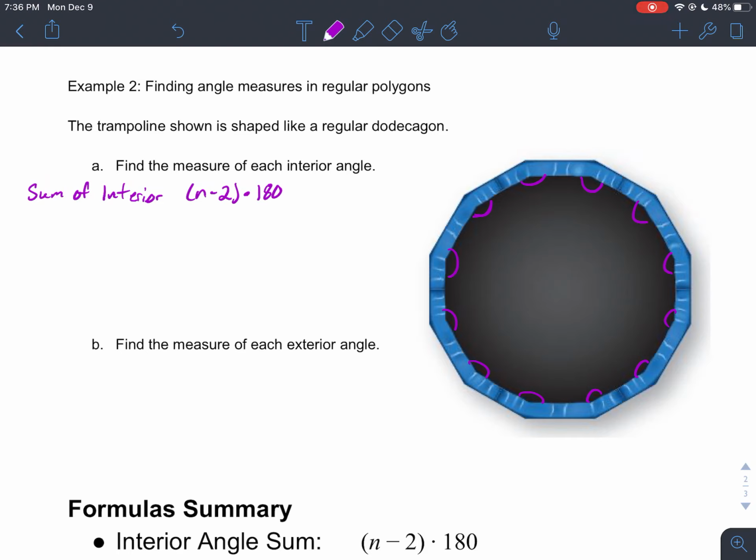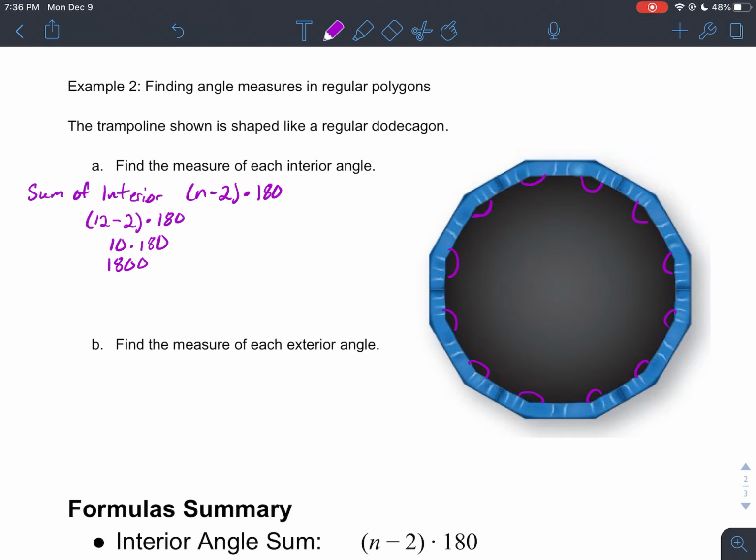Well, n is 12 because it's a dodecahedron. So 12 minus 2 times 180. 12 minus 2 is 10. 10 times 180 is 1800. So those angles all together will end up being 1800 degrees.